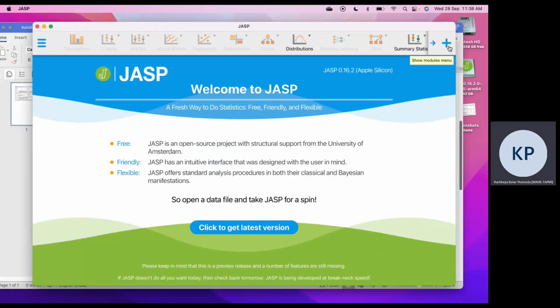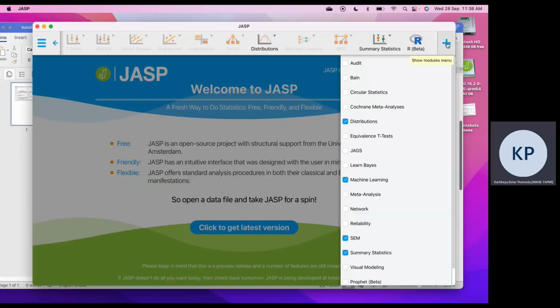So in JASP, if you look closely, when you click on the plus button, you would get the different other modules which you need to check. Among that, you have something called R beta. R beta is a provision provided in JASP to write R code.